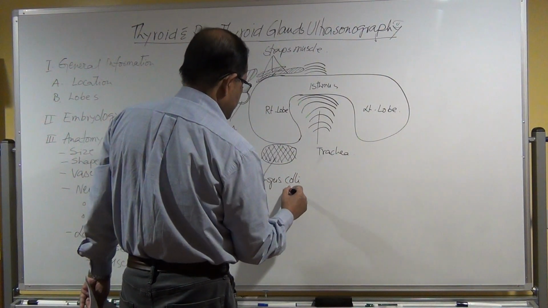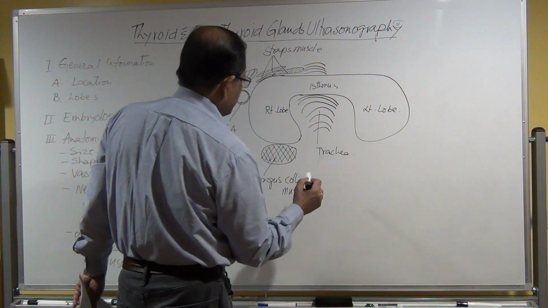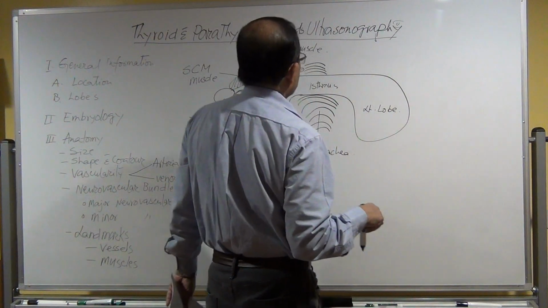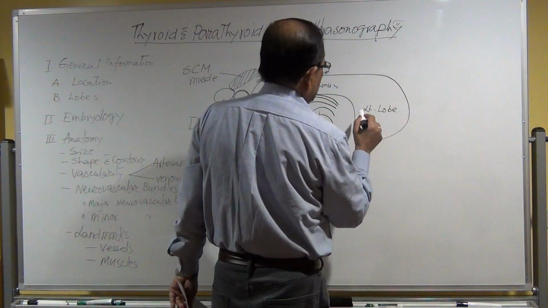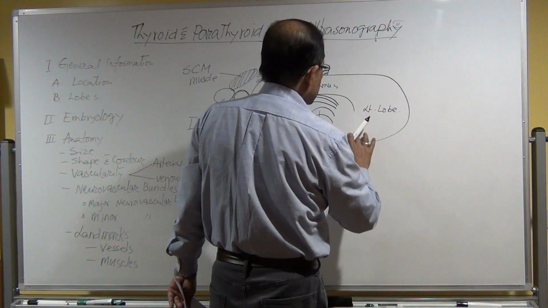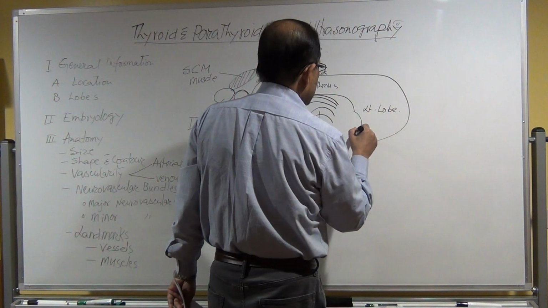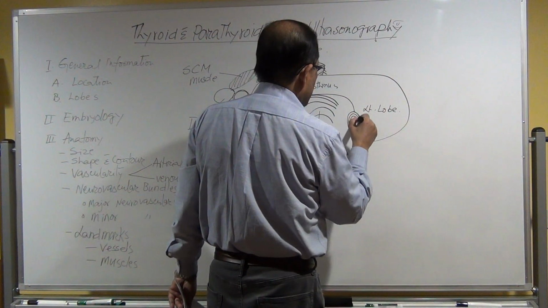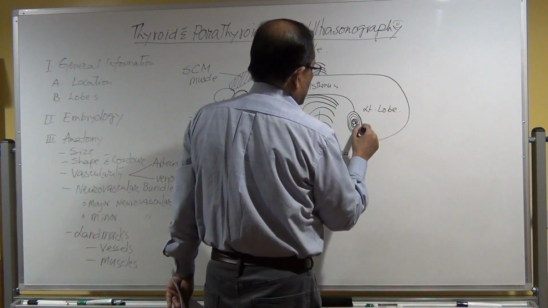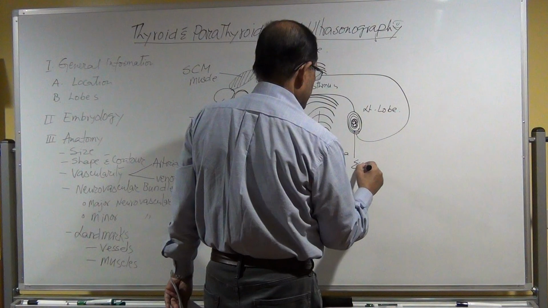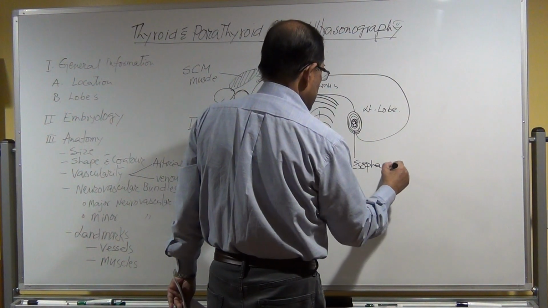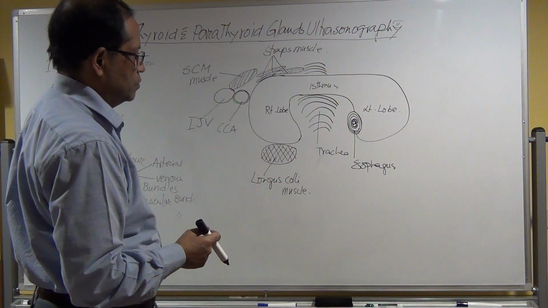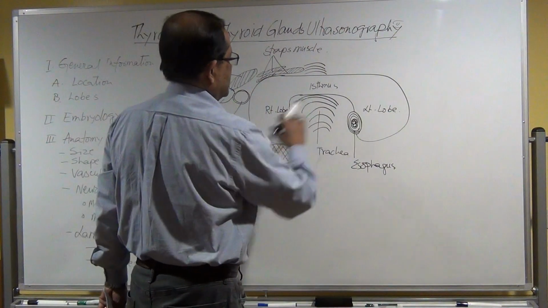Longus colli muscles. And you will see esophagus. Esophagus is seen with the left lobe. I'm just drawing one-sided, okay?